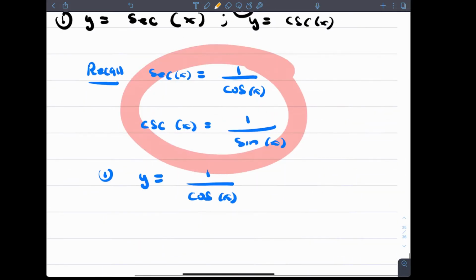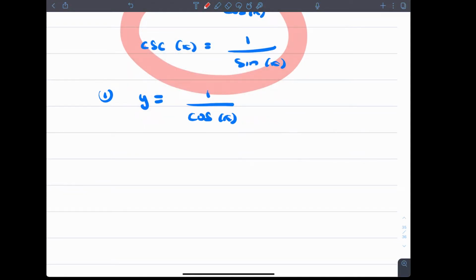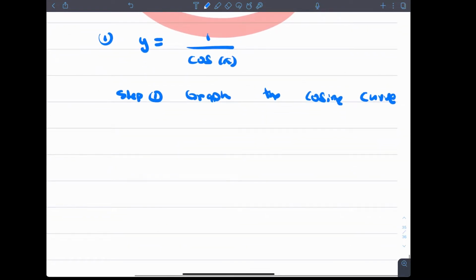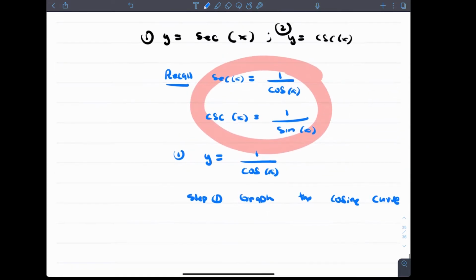Now, this is what this really means. Okay, here's what you guys want to do. I think you want to do it in steps. I'll say step 1. Graph the cosine curve. When you have secant, you want to graph cosine.